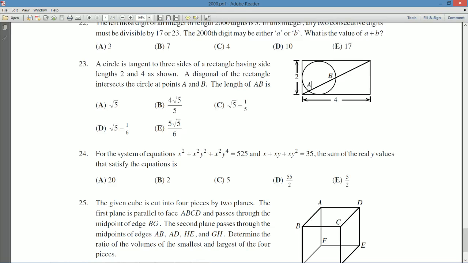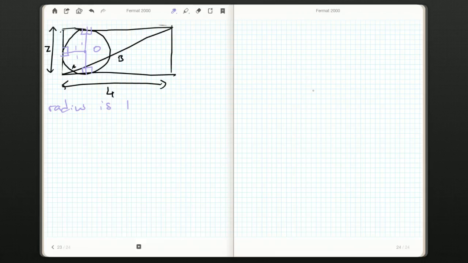So what I'm going to do is use algebraic geometry. I'm just going to put everything on a grid, so I'm going to redraw my picture. Oops, I'm still in purple.